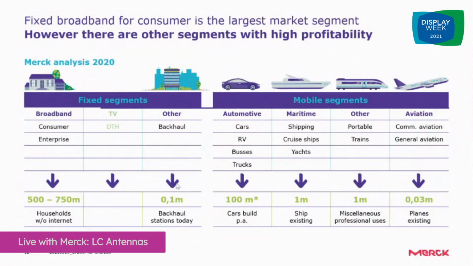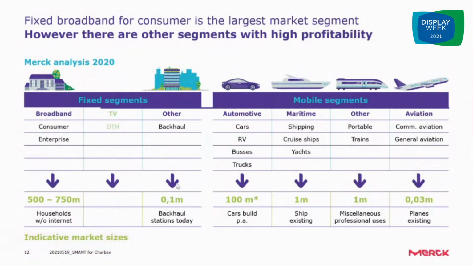We look at broadband consumer, which is huge. We also mentioned backhaul, which means connecting your base station in a remote area using a LEO constellation. That's also an interesting use case.